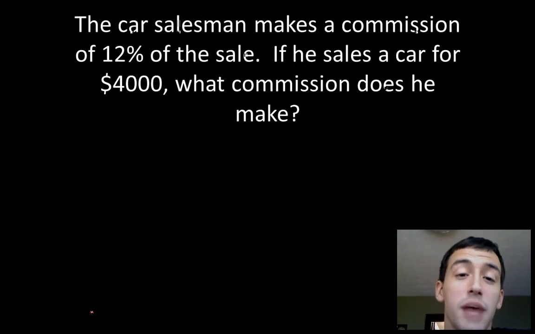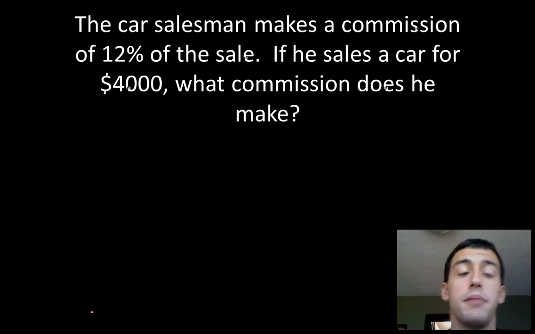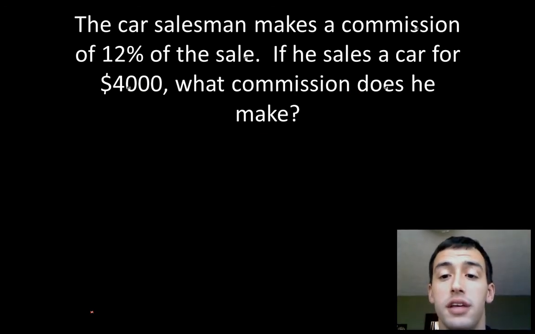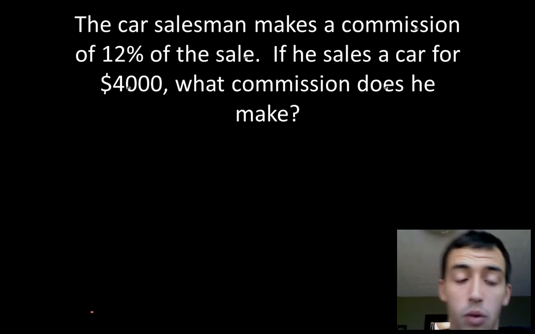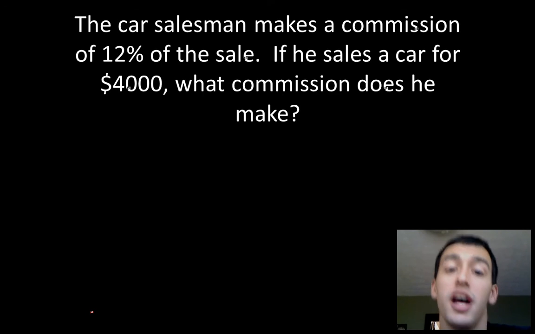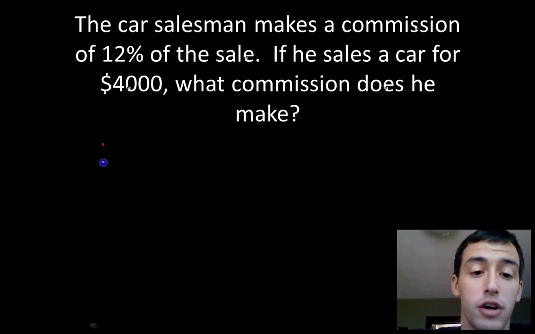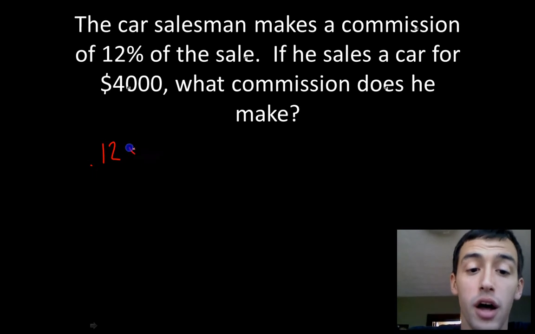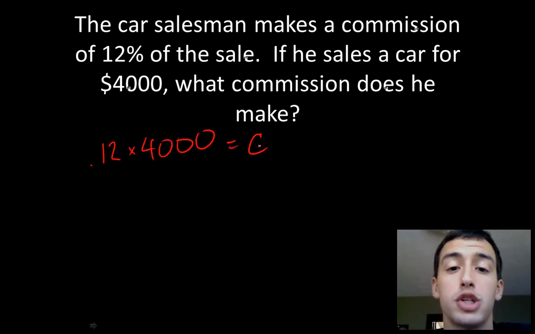Another type of percentage problem would be a commission problem. A car salesman makes a commission of 12% of the sale. If he sells a car for $4,000, what commission does he make? Well, he gets 12% of the $4,000. So if he gets 12% or 0.12 of the $4,000, that is equal to his commission.